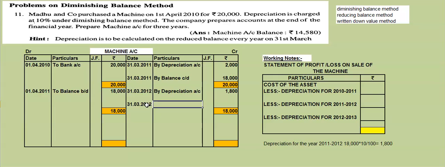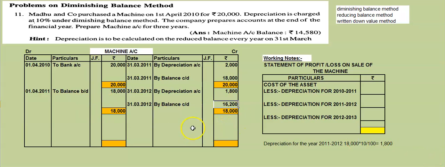What you will write here? By balance carried down. How much you have to carry now? 18,000 minus 1,800 is how much? 16,200.